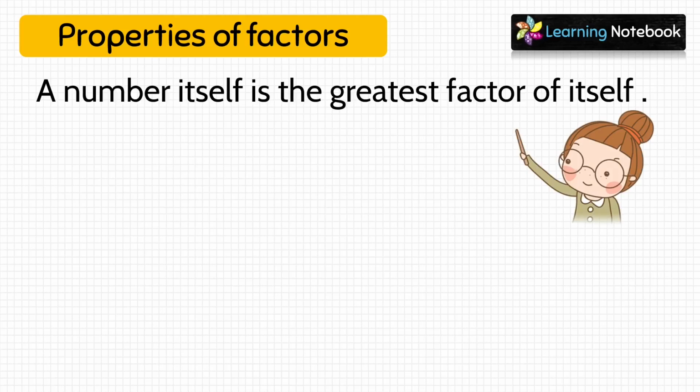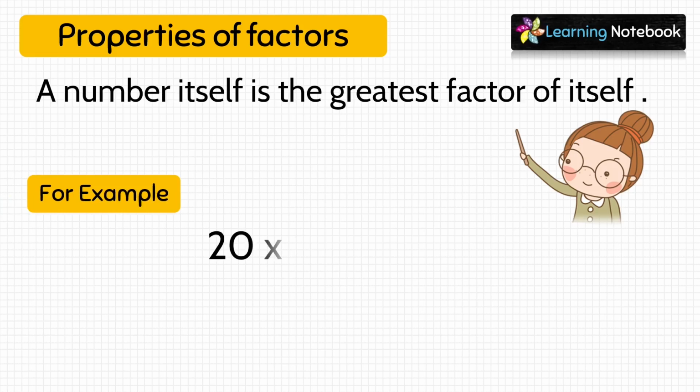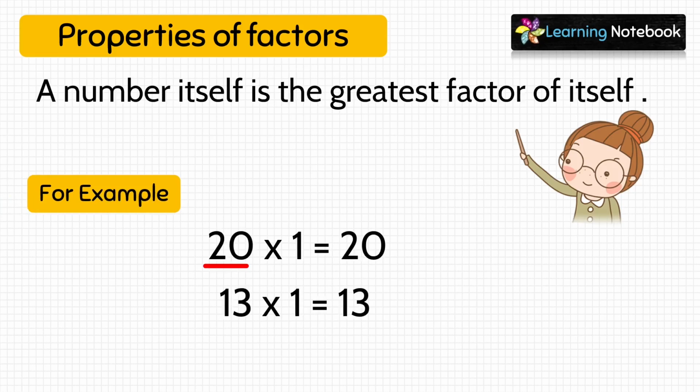A number itself is the greatest factor of itself. For example, 20 into 1 equals 20. So here 20 is the greatest factor of 20. Similarly, 13 into 1 equals 13. So 13 is the greatest factor of 13 itself.